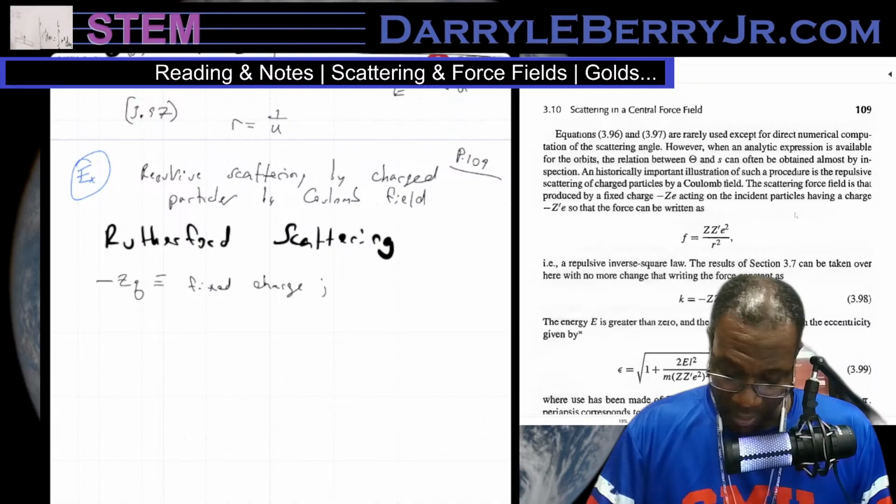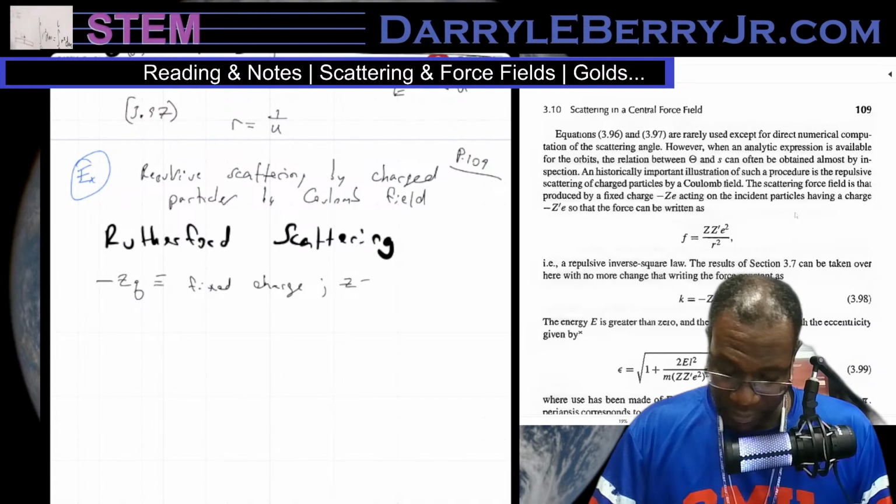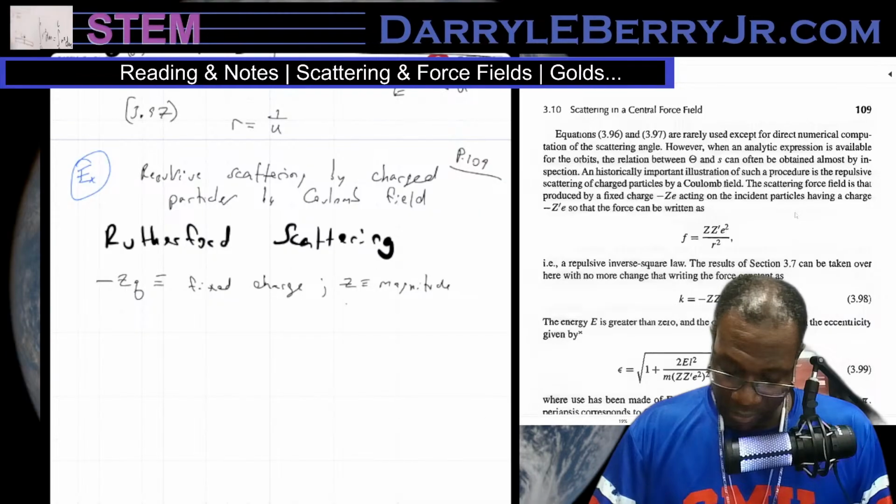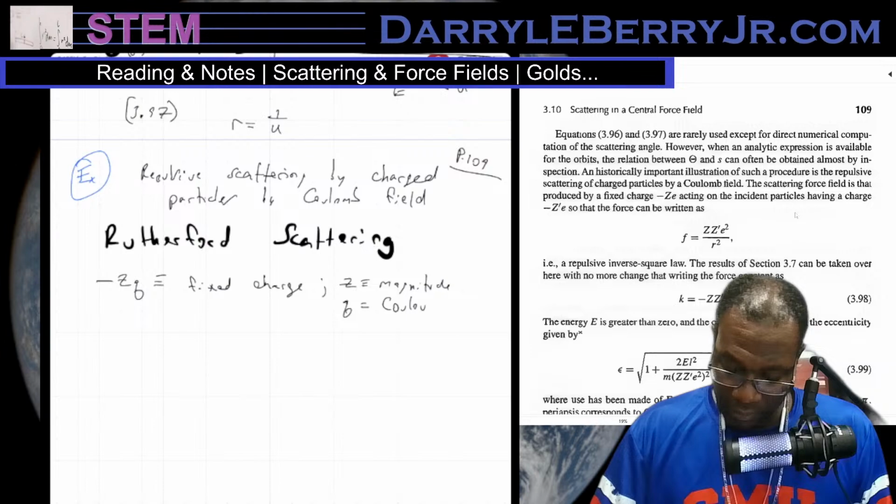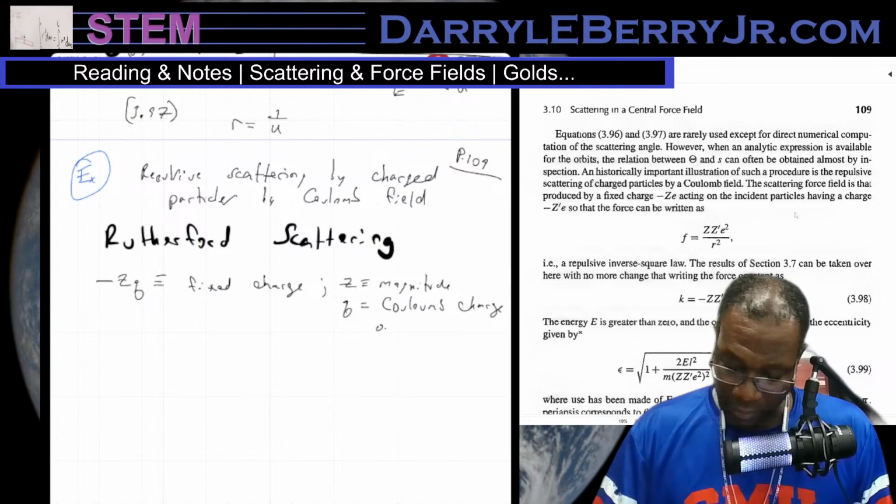Where Z is the magnitude and Q is the Coulomb charge or electron charge.